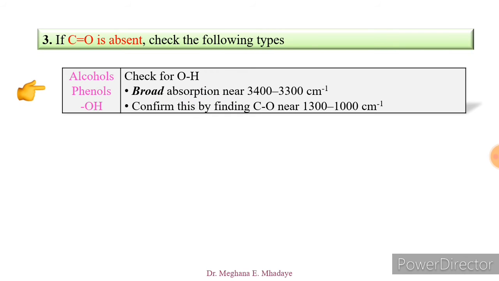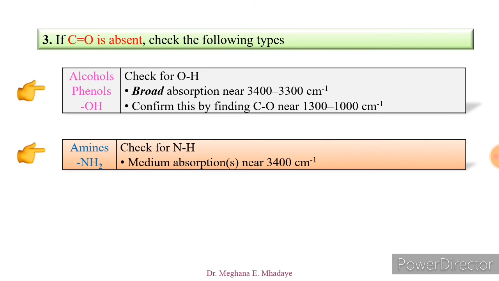If carbonyl group is absent, check the following types. OH in alcohols and phenols. Check for OH, broad absorption near 3400 to 3300 cm inverse. Confirm this by finding CO near 1300 to 1000 cm inverse.